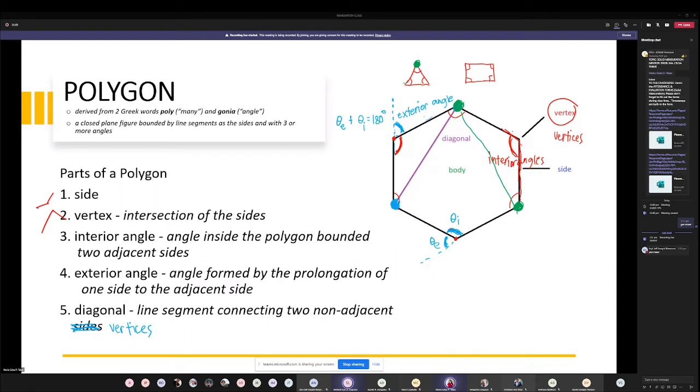If we pick this vertex, it's adjacent to the first vertex, so no diagonal is formed. Instead, a side is formed. This other vertex is also adjacent to the first one, so you cannot form a diagonal. So there could be zero or more diagonals for polygons.